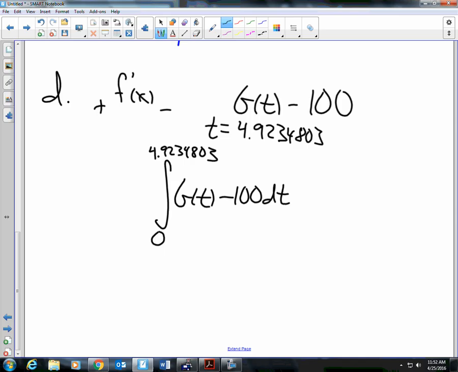And how much does it start off with? So this is how much it collects from time 0 to 4.92. We're going to add that to its initial amount. Now it will tell us the maximum amount of gravel that it has.